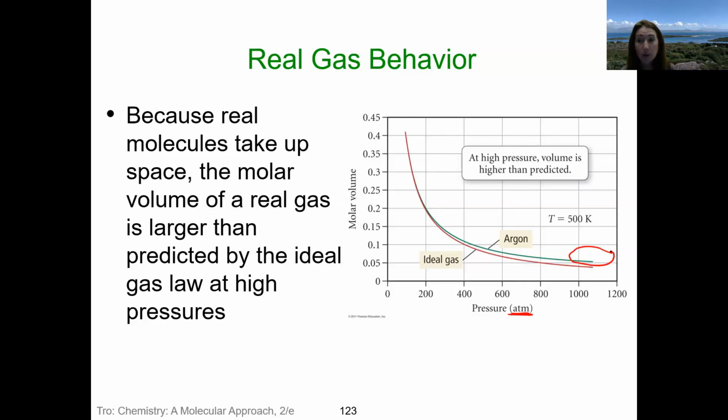It's because when the pressure is higher, those molecules are hitting the sides of the container much, much harder, with much more force. And so they're actually taking up space. So the volume of a real gas is larger than predicted at high pressures. They don't behave ideally at very high pressures.